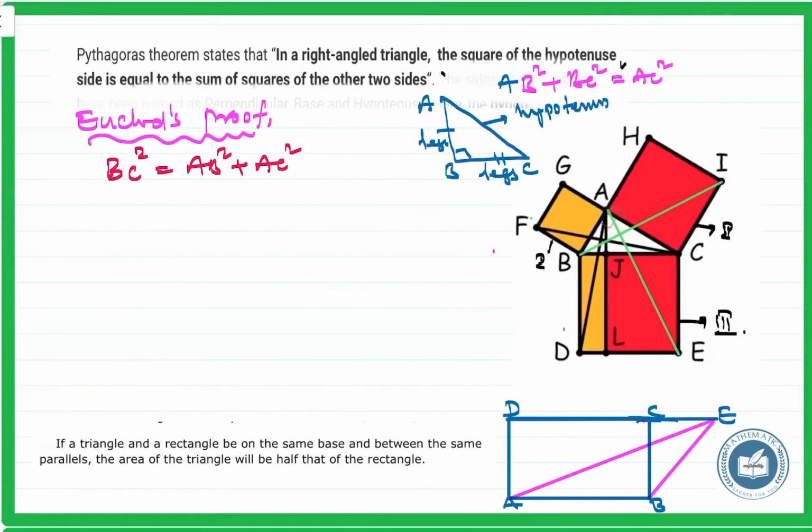Okay. For this we have to take some constructions. So, the construction part.